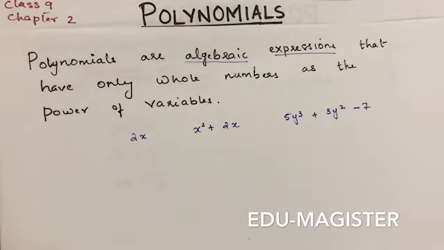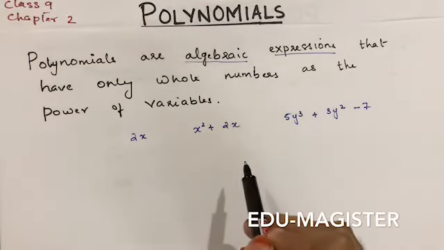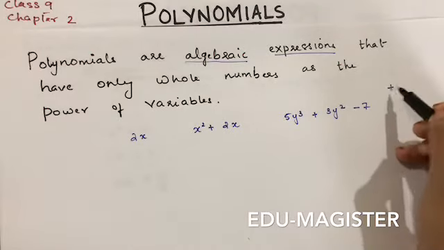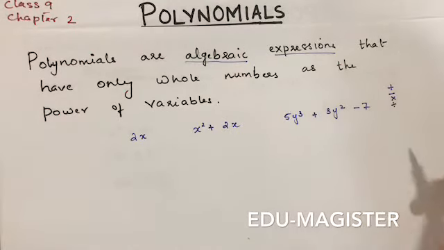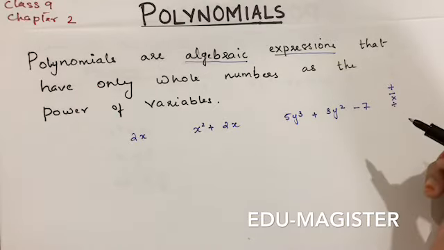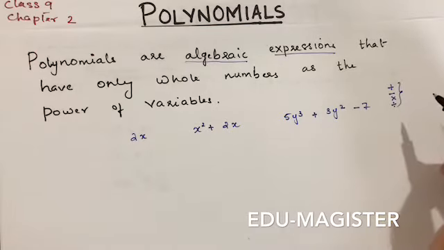Okay, so what do you see common in all of these? They have variables, they have some constant numbers, and there are algebraic operators like addition, subtraction, multiplication or division. So basically, algebraic expression is an expression that have variables, constant numbers and at least one of these algebraic operators.